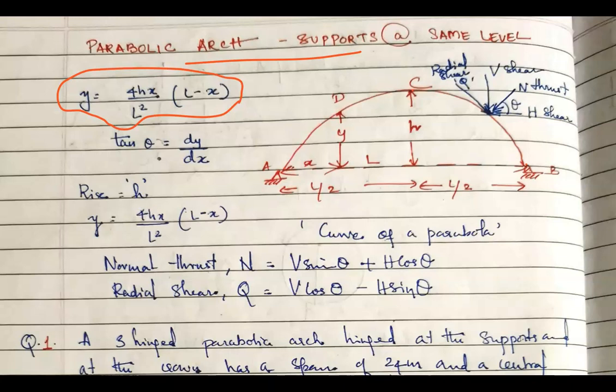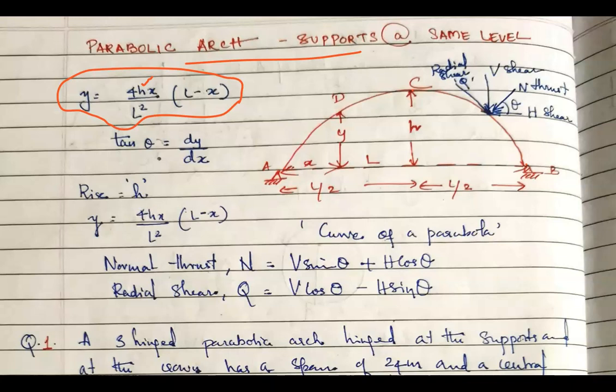At whichever point you need to know the vertical height y, you should use this equation, where L is the span of the arch, h is the rise, and x is this horizontal distance. Clear?